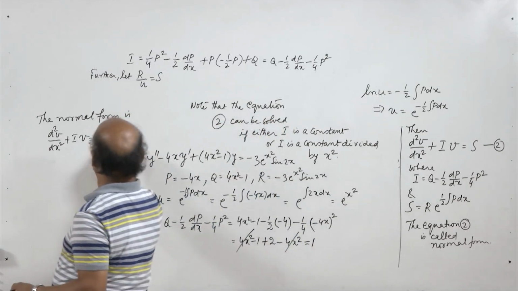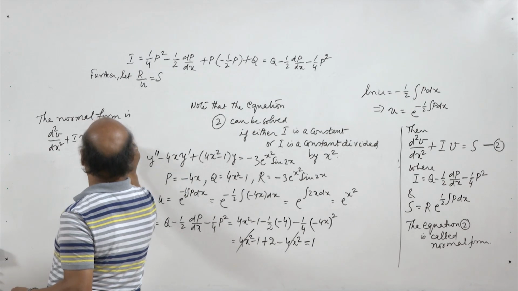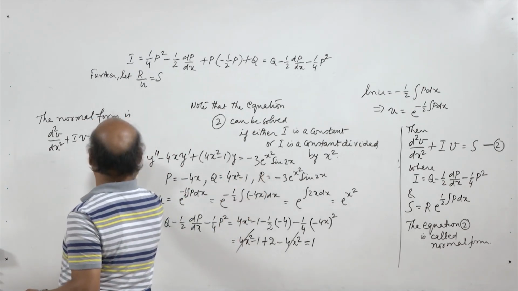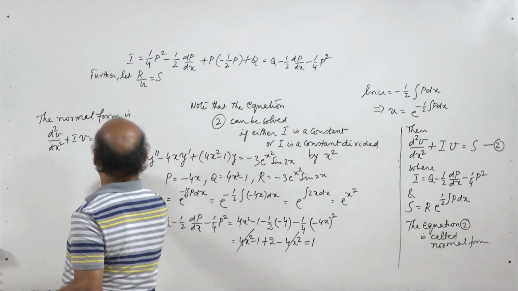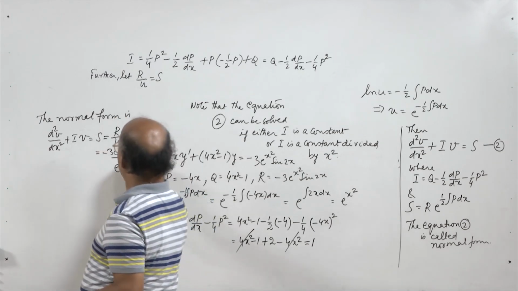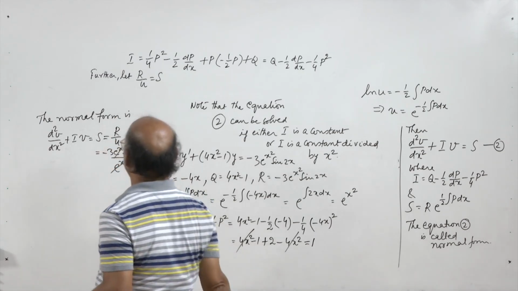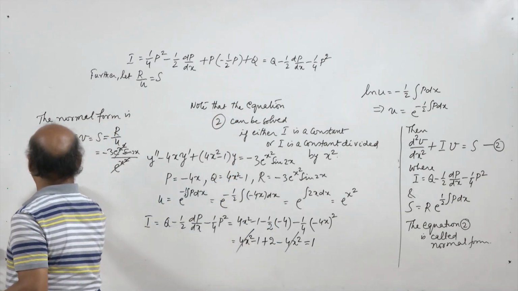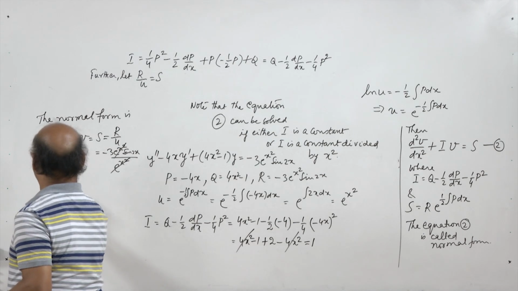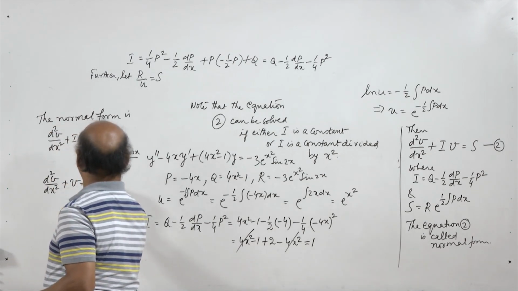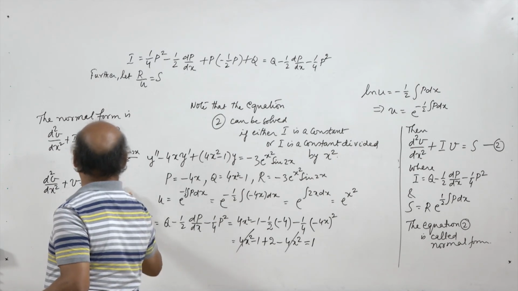So, s is r over u, and r over u is minus 3 e to the power x square sin 2x divided by u. u is e to the power x square. So, e to the power x square gets cancelled and we get minus 3 sin 2x. So, we get d square b by dx square, I is 1, so plus b equal to minus 3 sin 2x.